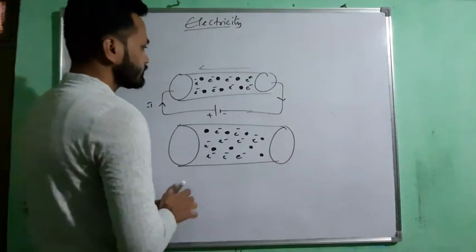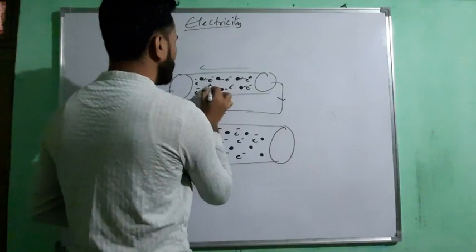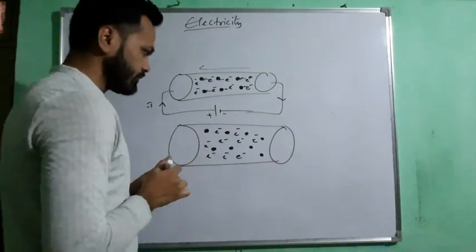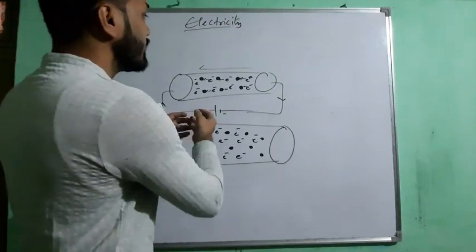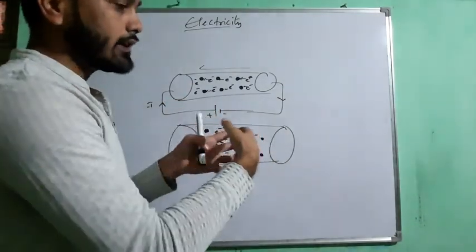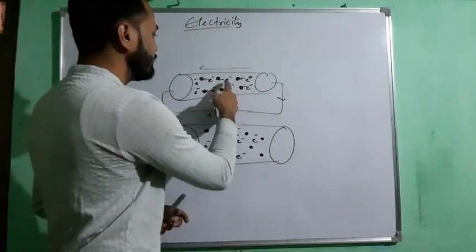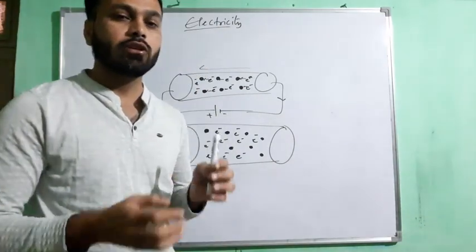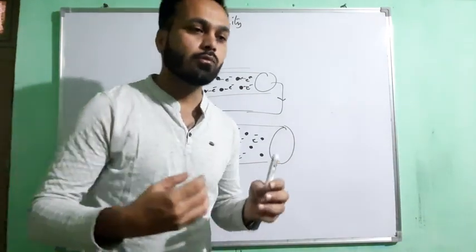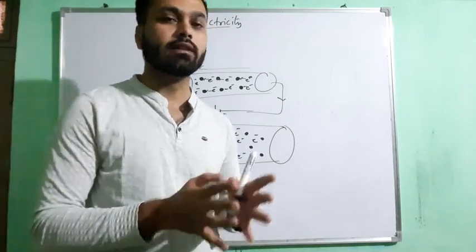Look here, when the electrons are flowing through the conductor, two things are expected. They may collide among themselves, the electron collision may happen, and another is that they may collide with this positively charged fixed ion. Due to this collision, the motion of the electron is obstructed. This action is called resistance.